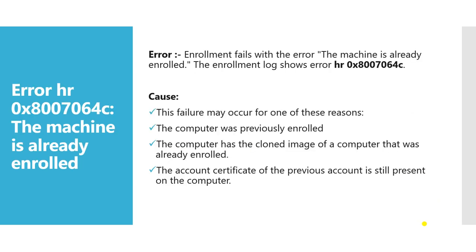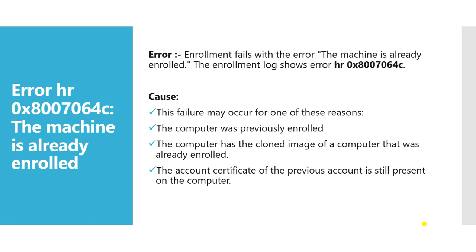Let me move to the next slide. This is error HR 0x8007064C. The machine is already enrolled. Sometimes we get this error also. When we get this error, what could be the cause? The failure may occur for one of these reasons. The computer was previously enrolled.